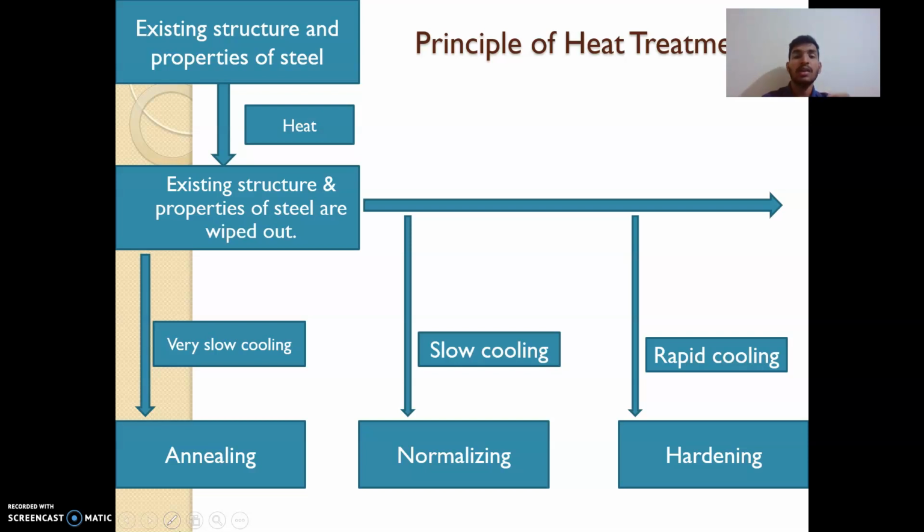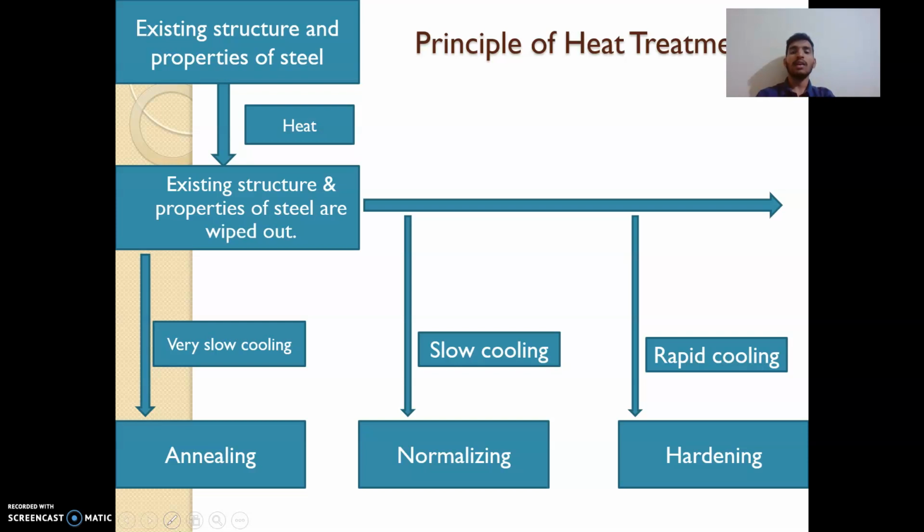In annealing, we heat a metal up to a certain temperature, maintain it for a certain period of time, and then cool it inside the furnace, because inside the furnace there is no air. The temperature of the furnace decreases with the help of the surroundings, and the metal is cooled.